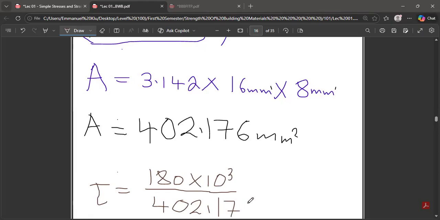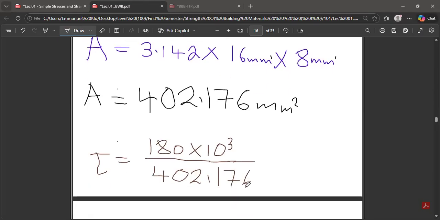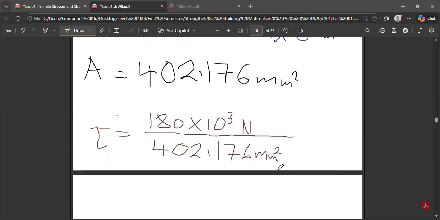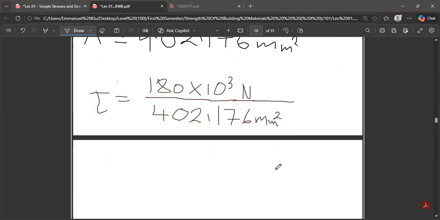0.3.18 point what? 176. All right, I always tell us that we should always try to work with the units. So this is in Newton and this is in millimeter squared. Anyway, who has the answer to this? 447.565 Newton per millimeter squared. Okay, so at the end of the day, you all had it correct, but the one who was able to mention the unit as part of the answer is going to be more accurate, because he or she was more specific.